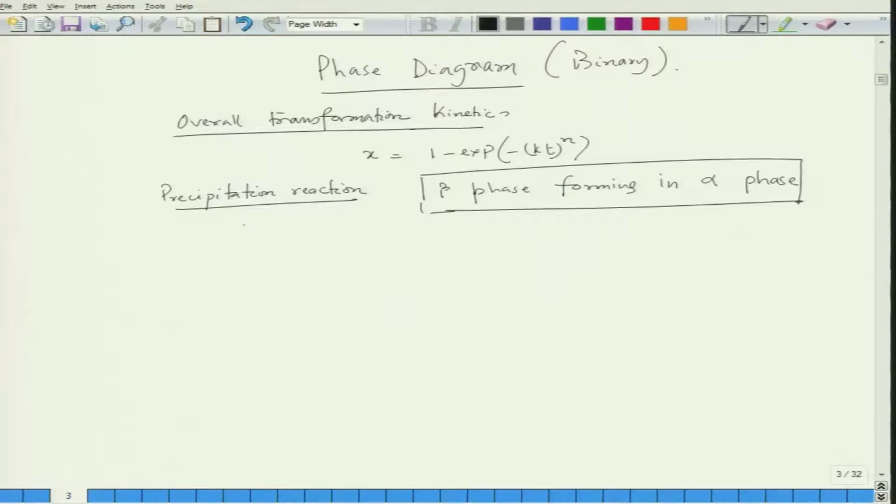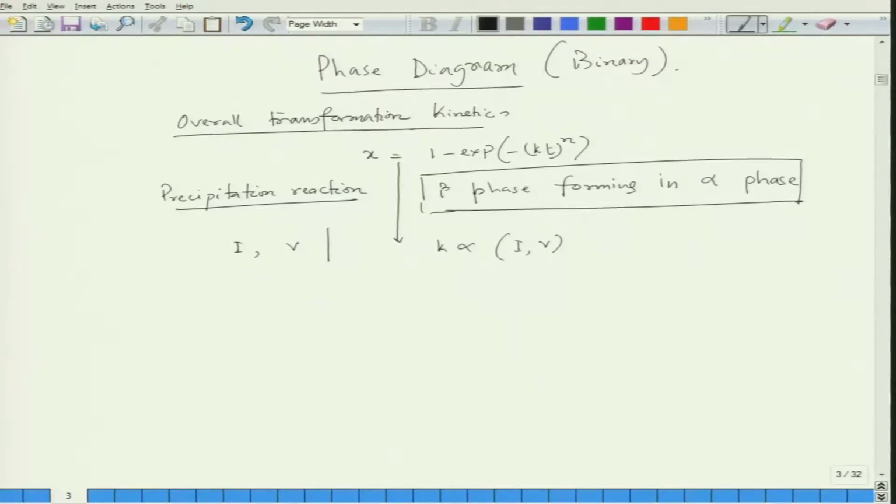In that case, again we try to find out I and V, because in this equation again K is a function of I and V.